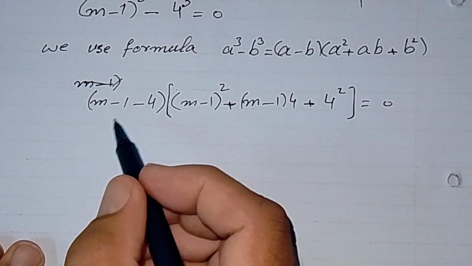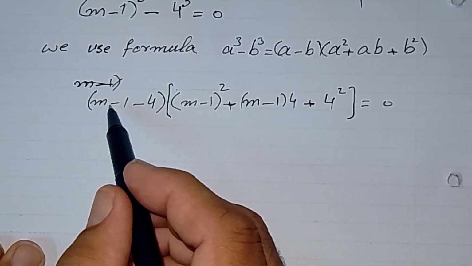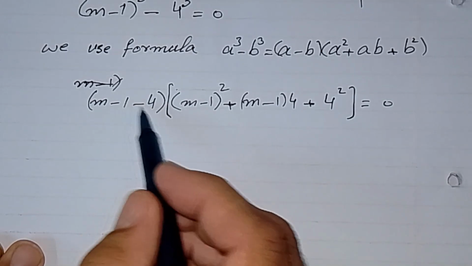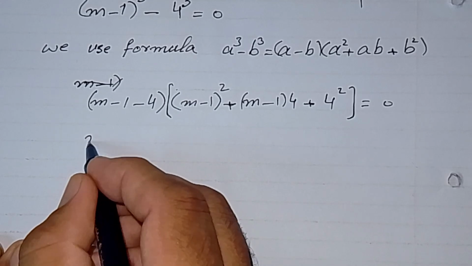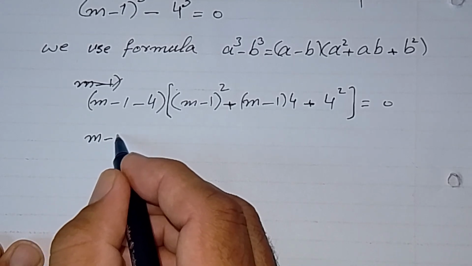Now we simplify these two brackets. m minus 1 minus 4 is equal to m minus 5.